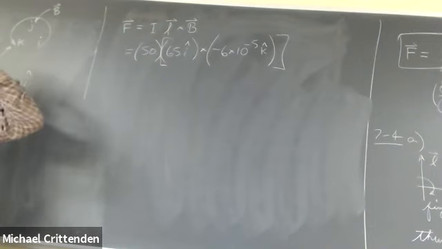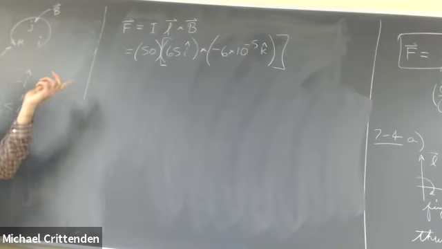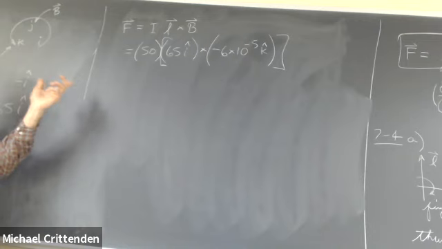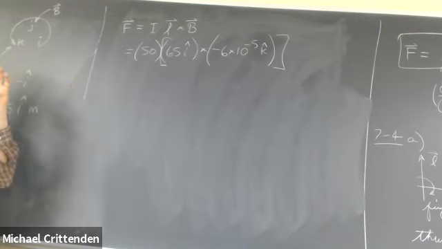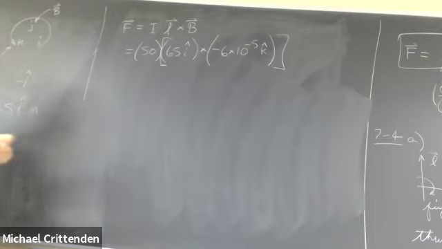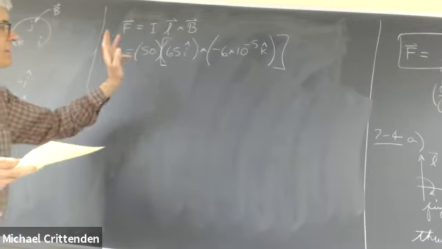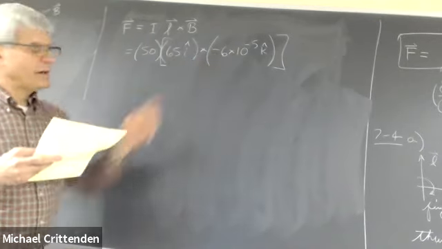And just like the other example that I did 20 or 25 minutes ago, once again, there are basically two multiplications to perform here. You have some numbers to multiply, and you have some vectors to multiply. So for the numbers, 50 times 65 times 6 times 10 to the negative fifth.